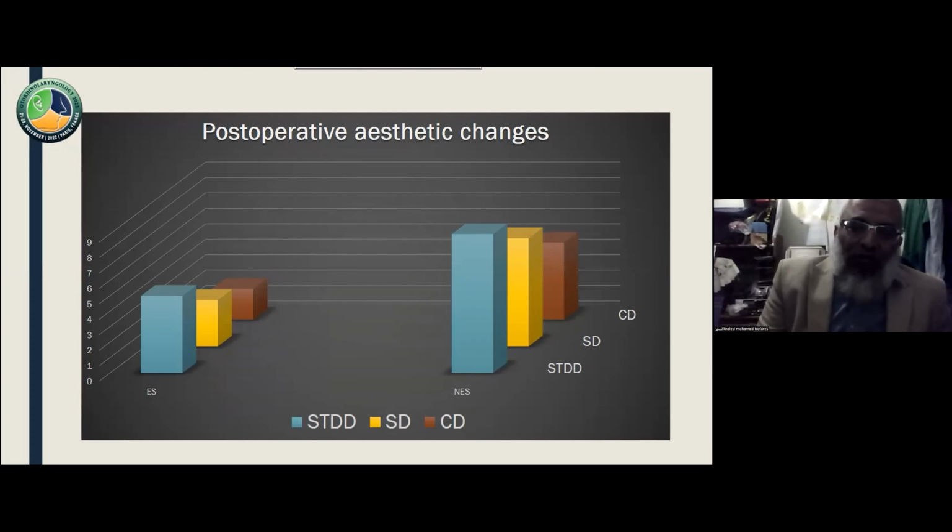As we can see, endoscopic septoplasty creates a lesser risk for these postoperative aesthetic changes compared to the other conventional technique. This can be explained by the fact that the endoscopic technique itself is more preservative, more reconstructive, and more functional compared to the more blind conventional technique.